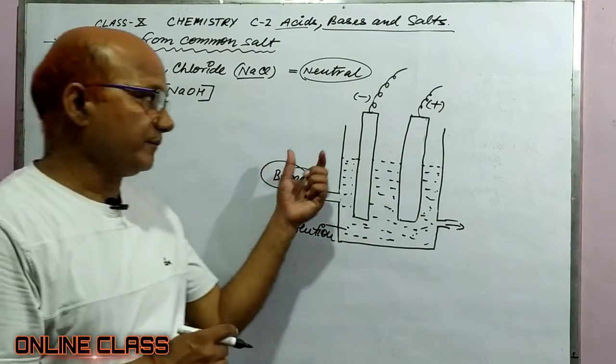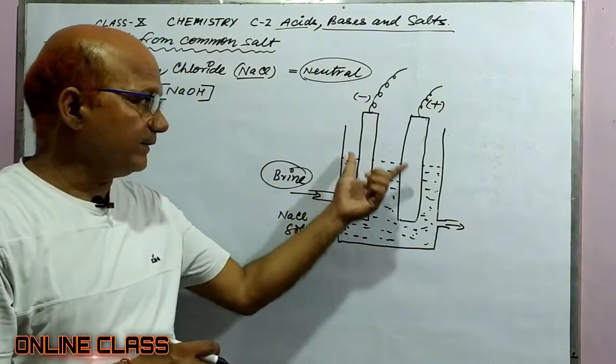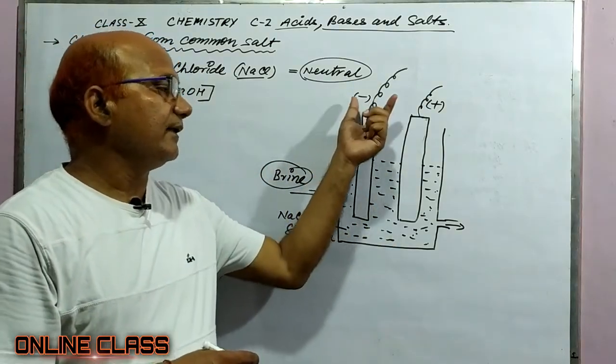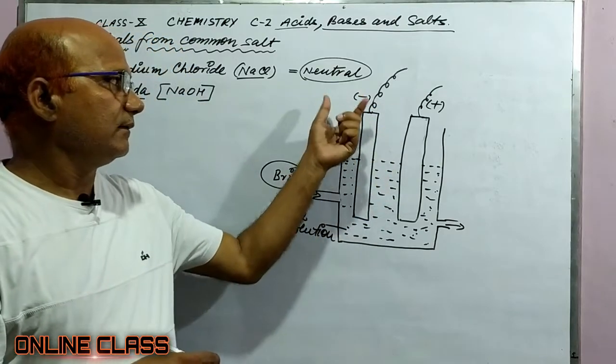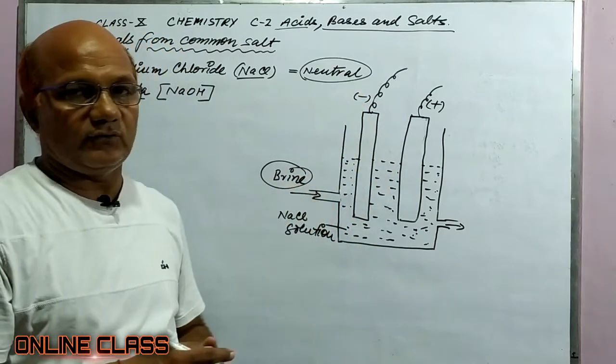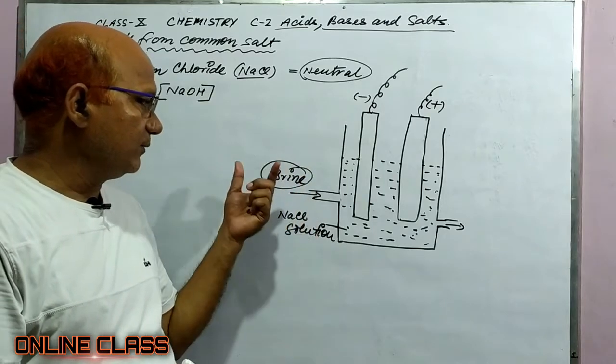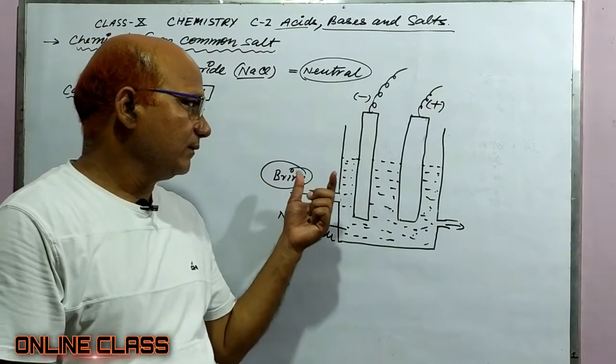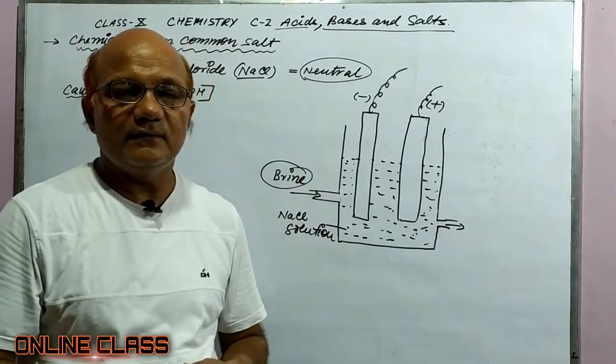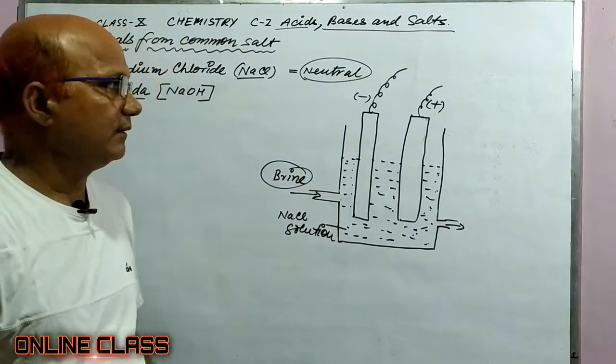So, this brine solution is filled in the tank, and then electric current is passed through brine solution. By passing electric current through brine solution, sodium hydroxide is prepared.